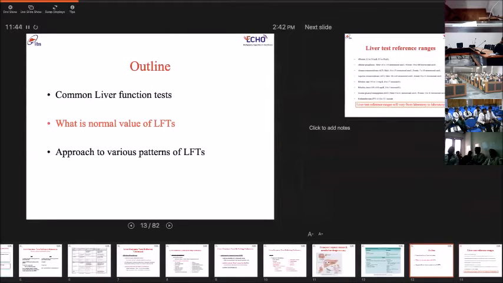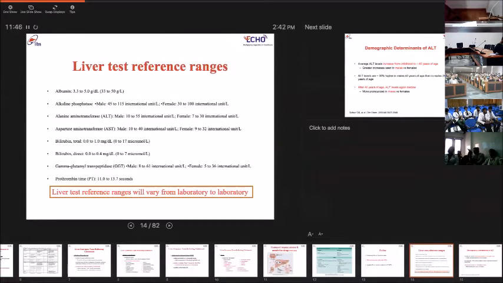So what are the normal values of LFTs? Albumin is 3.3 to 5. Alkaline phosphatase in males is usually 45 to 115, and in females 30 to 100. ALT is 10 to 55 in males and 7 to 30 in females.